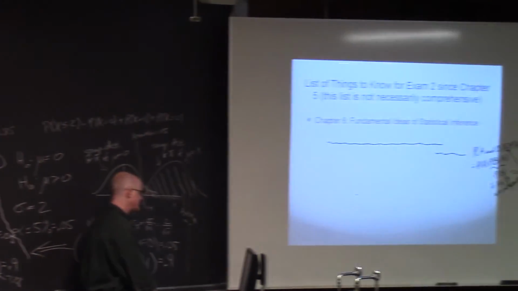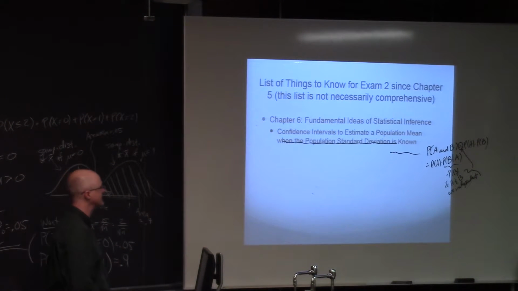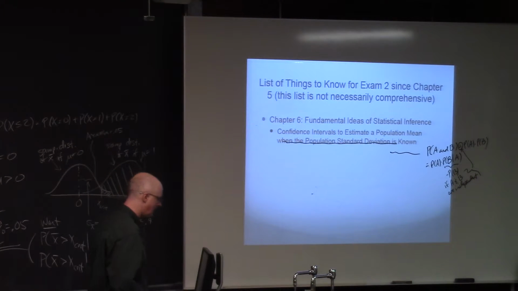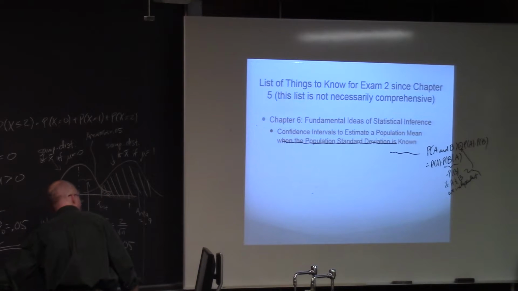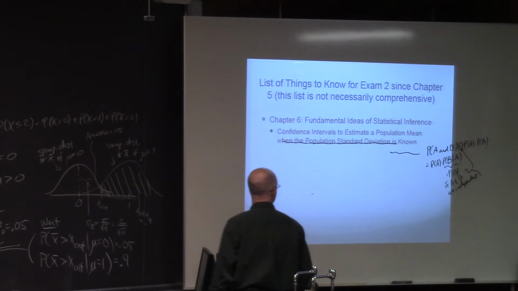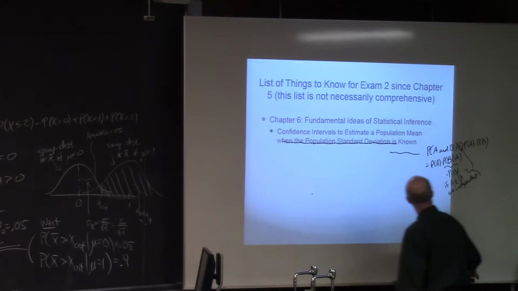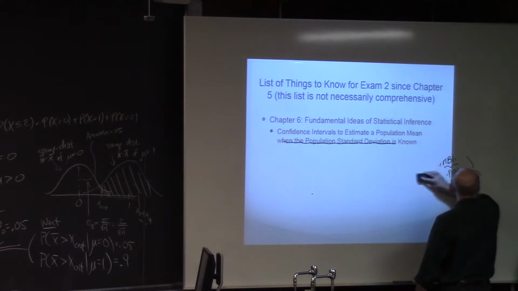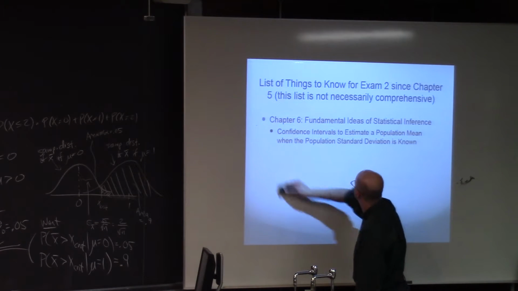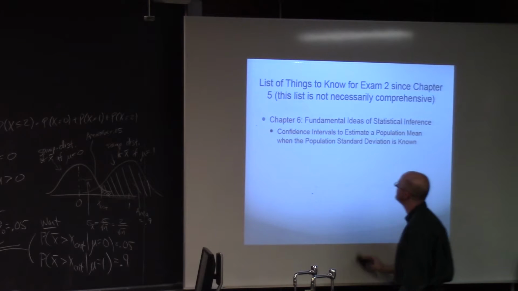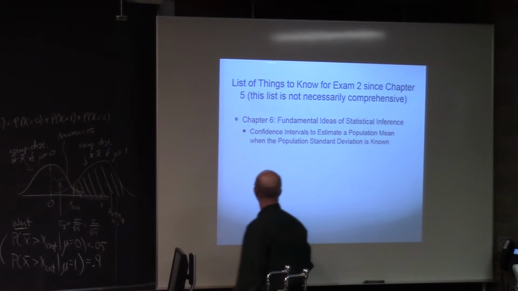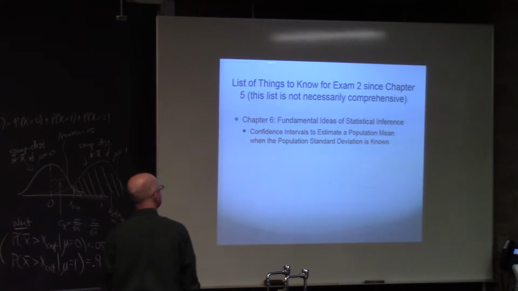Gotta go quick here. Chapter 6, fundamental ideas of statistical inference. All these situations we're assuming we know sigma, the population standard deviation, which again is not practical, but the chapter is hard enough as it is to get the basic ideas down that we assume we know sigma. So we use a confidence interval to estimate a population mean.